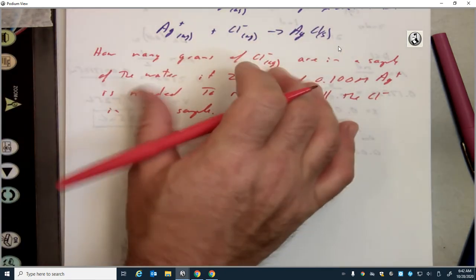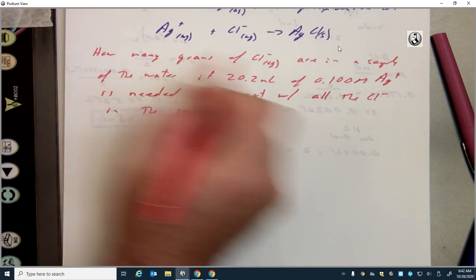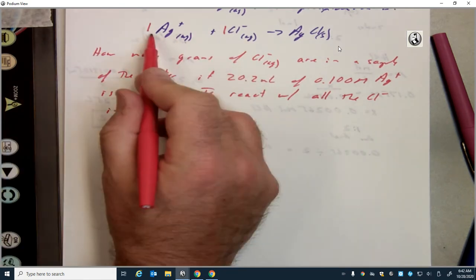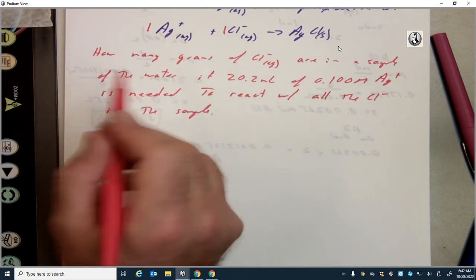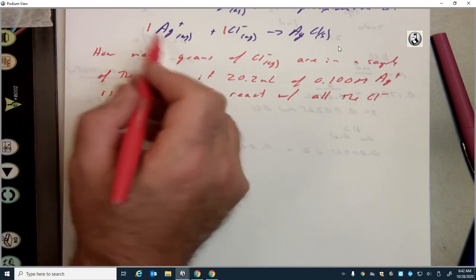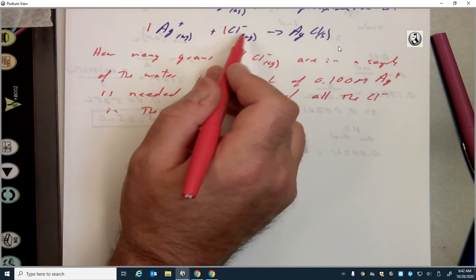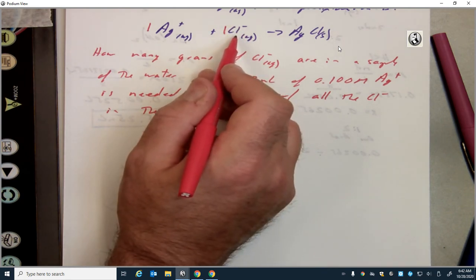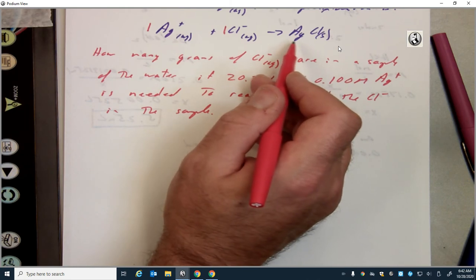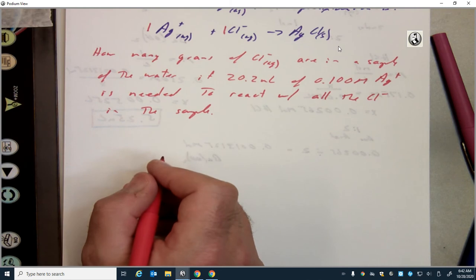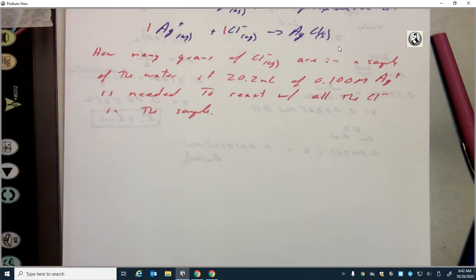So again, this is really just stoichiometry. So, okay, we look up here, we have a 1-to-1 ratio again. So for every one of these, we need one of these. So if we can figure out how many moles of silver I need to react with that, I'll know how many moles of chlorine ions we have, right? And then we can get into grams, right? So the first thing we're gonna do is figure out moles of silver.